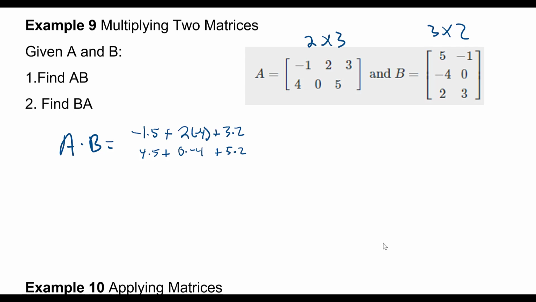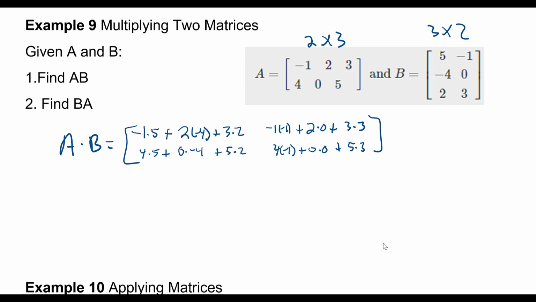And then -1 times -1 plus 2 times 0 plus 3 times 3, then 4 times -1 plus 0 times 0 plus 5 times 3.